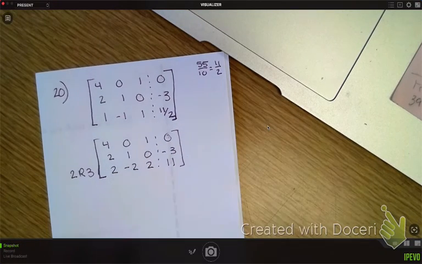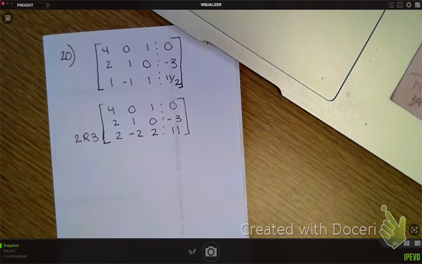Do I have better numbers? Yes. No, you guys could do it with 5.5. You could do it with 11 halves. There's nothing that says you have to do this. But the reason I do it is because I don't want to have to worry about lining up decimals. I won't have to worry about getting common denominators or any of that, would I?